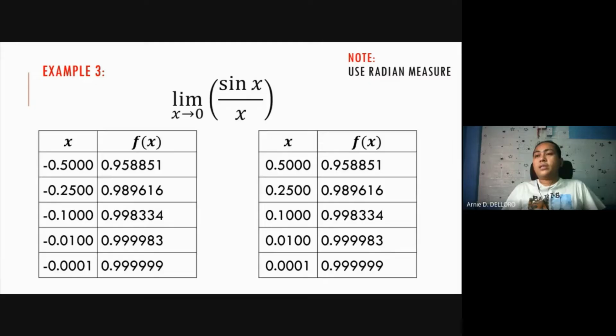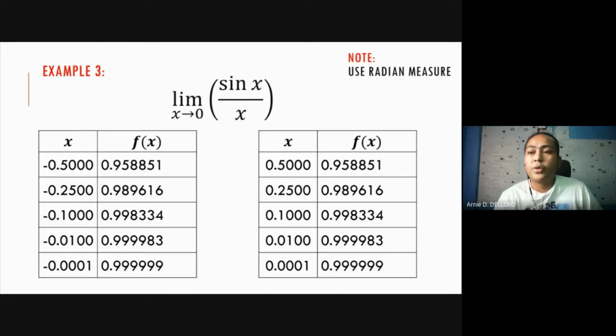So in this case, the limit of the function sine x over x as x approaches 0 is, di ba, the values of the function approach 1, both from the left and from the right of 0. So the limit of sine x over x as x approaches 0 is equal to 1.